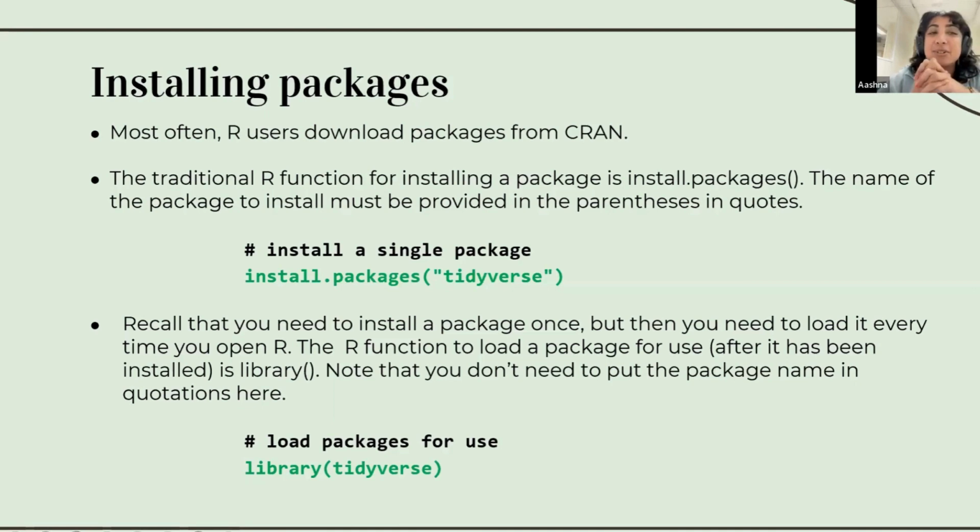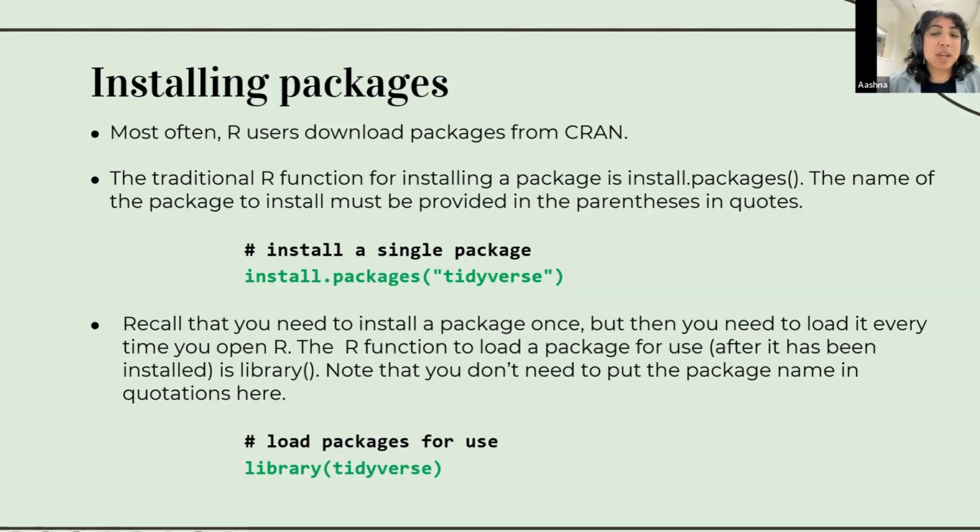Exactly as we said, if you want to make fufu and you would like to download the fufu package, you have to do something called installing packages. So most often our users download packages from something called CRAN. This is just an online open source network of packages. It's like the biggest library in the world you can download things from.